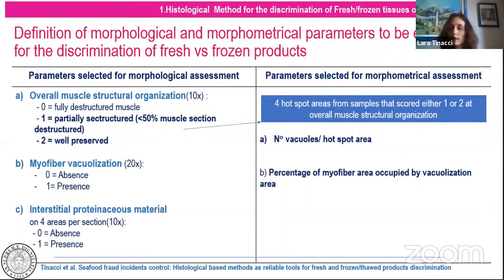Another parameter, the morphometrical one, was represented by the measurement of the vacuoles area compared to the spot areas included in each section, calculated as a ratio and a percentage of myofiber area occupied by the vacuolization area.